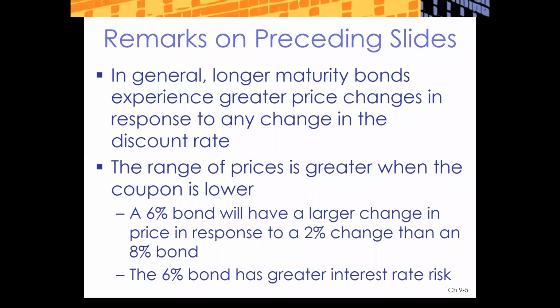So some remarks on the preceding slides: in general, the longer the maturity, the greater the price changes in response to changes in the interest rate. The price range is greater when the coupon is lower. A 6% bond will have a larger change in price in response to a 2% change than an 8% bond. So the 6% bond has a greater interest rate risk.